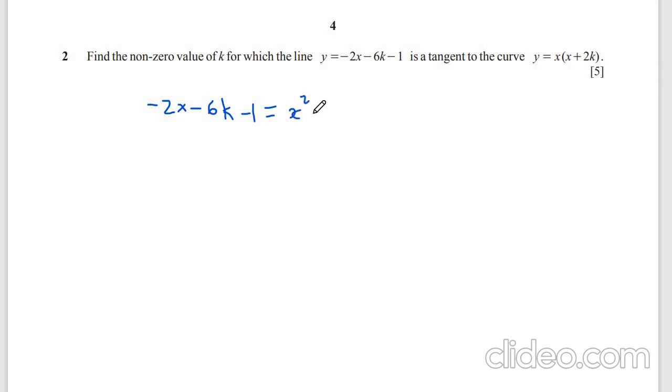So this is going to be x squared plus 2kx.